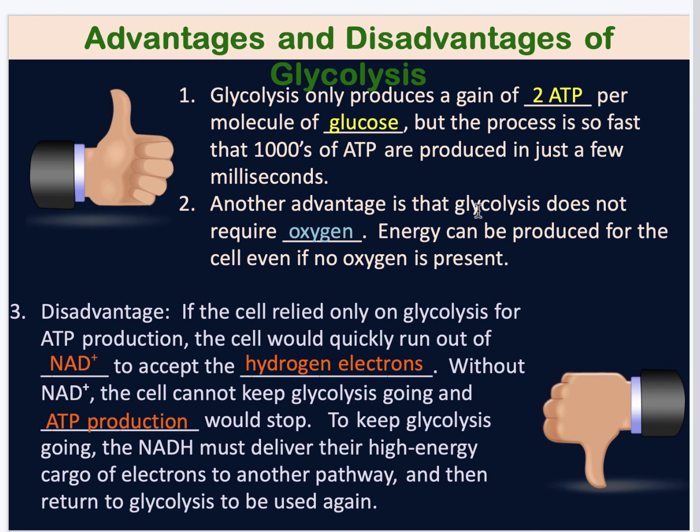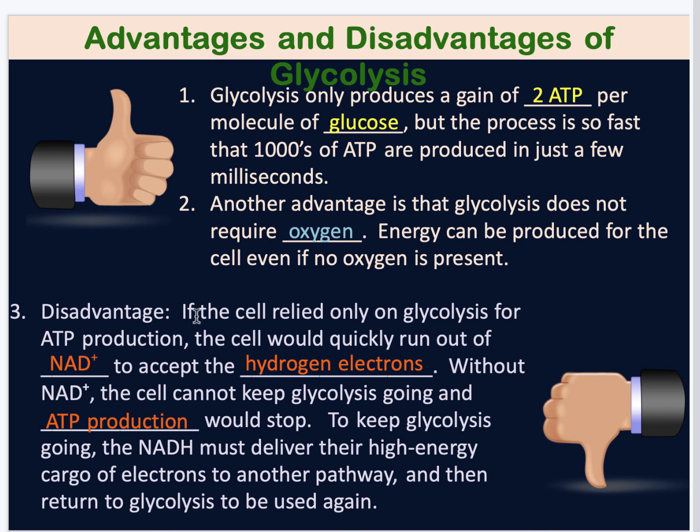Another advantage of glycolysis is that it does not require oxygen. Energy can be produced for the cell even if no oxygen is present. Okay, what I want you to know as far as the advantage of glycolysis is that it does produce 2 ATPs. From all of that, that's what I really want you to know. It produces 2 ATPs.